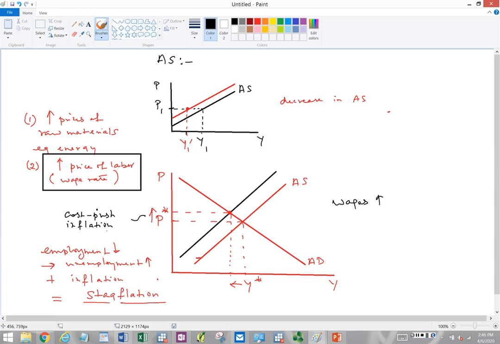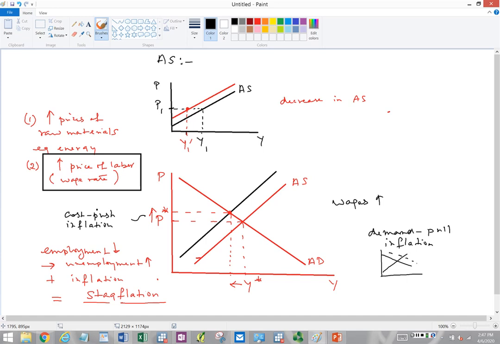But let me quickly write the other kind of inflation that we have, demand pull inflation. So this would be an increase in the equilibrium price level caused by a rightward shift of aggregate demand, like that, correct? And that too, of course, causes the equilibrium price level to rise, meaning inflation to happen. But that kind of inflation is called demand pull inflation, right?